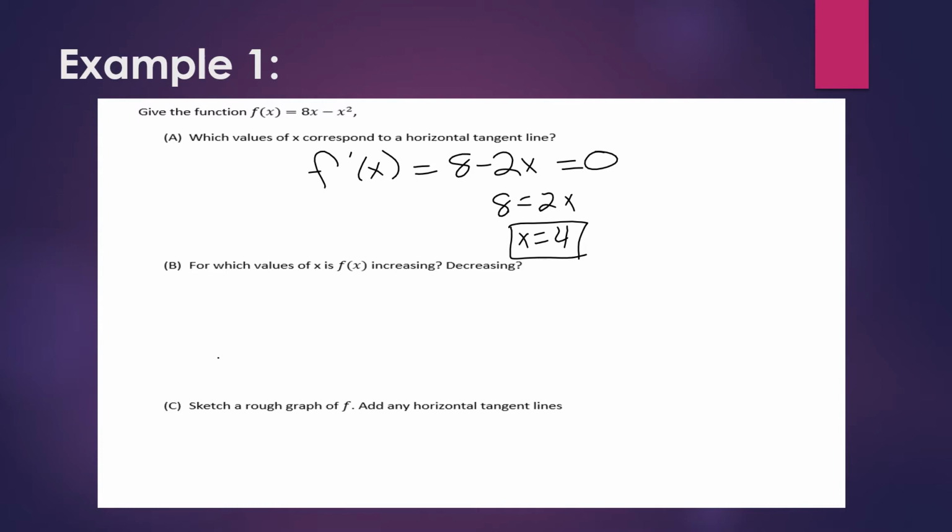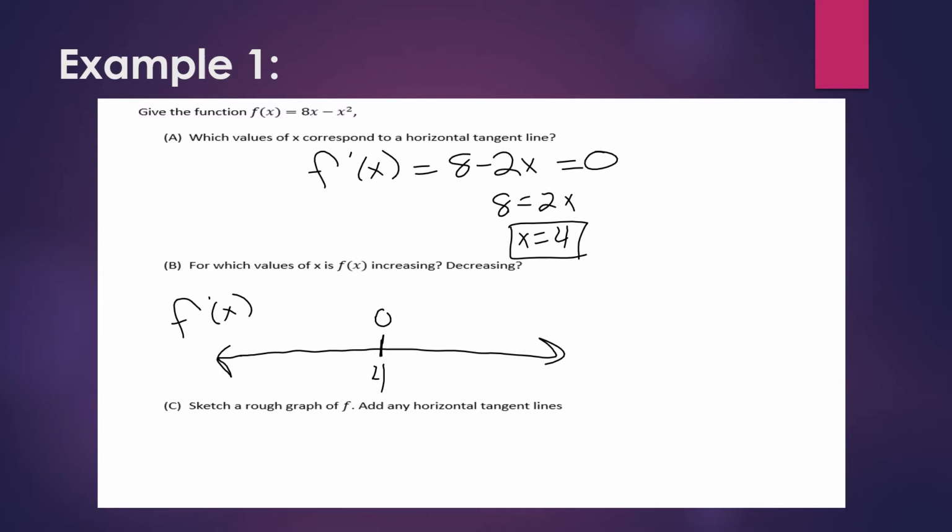And I find the best way to do that is to make a number line. We know that the slope is 0 when x equals 4. So this is a number line of f prime. And when x equals 4, the derivative is 0. So what happens if I plug in something less than 4?